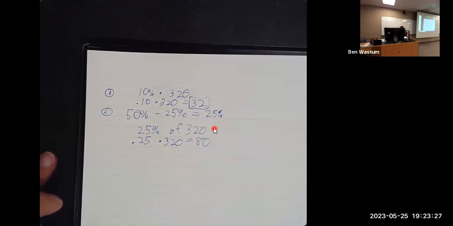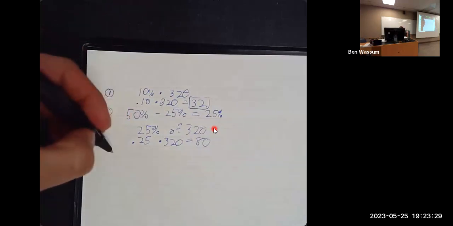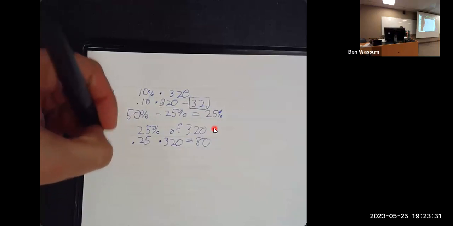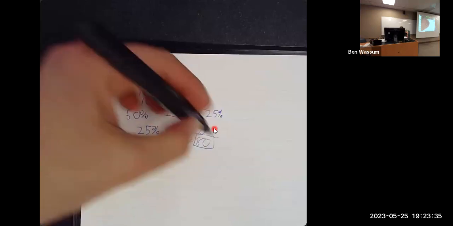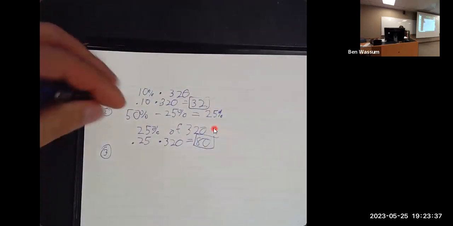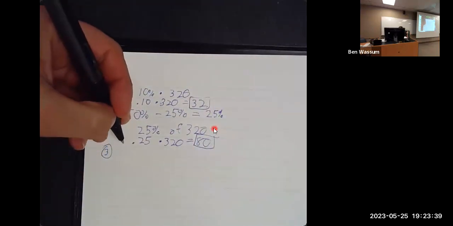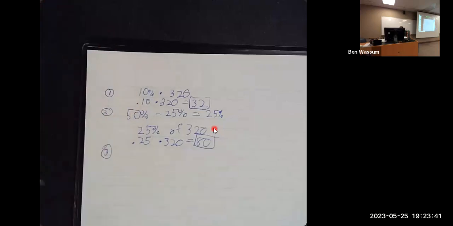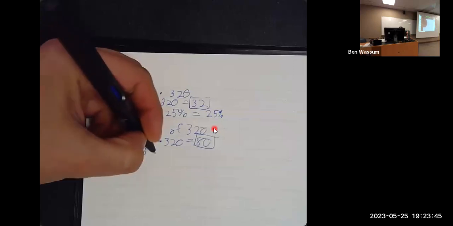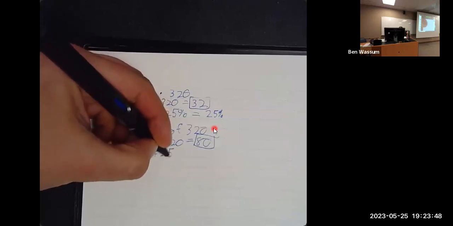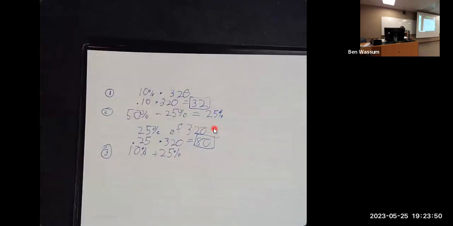Then the last one was how many people did not prefer pepperoni or sausage. So that was looking at all the other sections other than pepperoni and sausage. So that was 10% for supreme, and then 25% for the cheese.